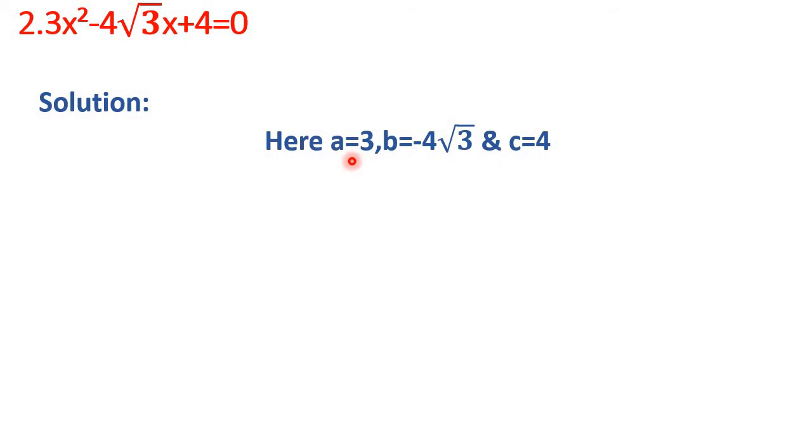First write the coefficients of the equation. Delta is equal to b square minus 4ac. It's the formula to find nature of the roots of a quadratic equation, which is equal to the value of b, minus 4 root 3 whole square, minus 4, a is 3, c is 4.